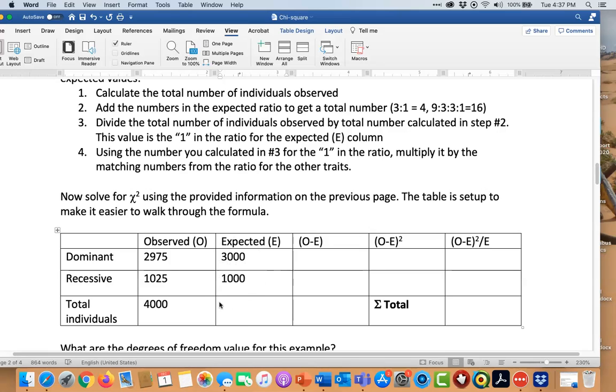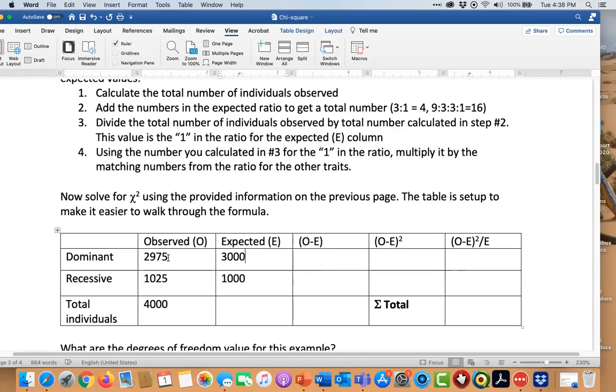So that gives us our expected values. So this is what we would expect to see if the ratio is actually 3 to 1. So you can see it's close, but we still aren't sure if this is actually due to random chance or if it's actually because of the genetic makeup.